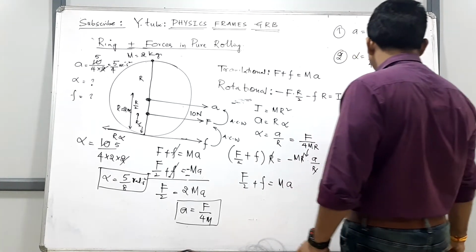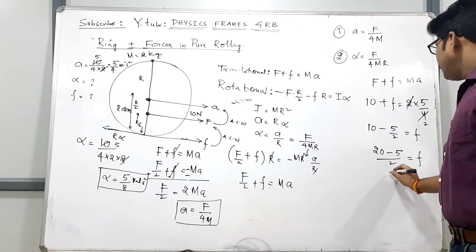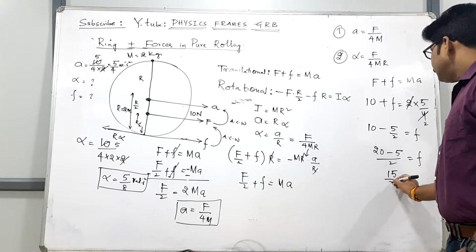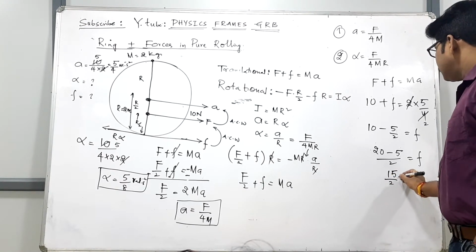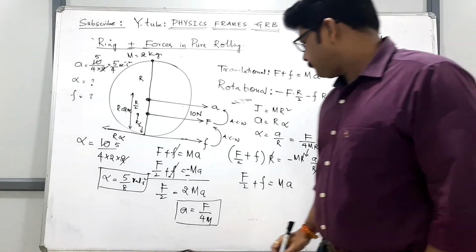So 20 minus 5, how much is it? 15 by 2 equals f. This is in newtons. Is that clear?